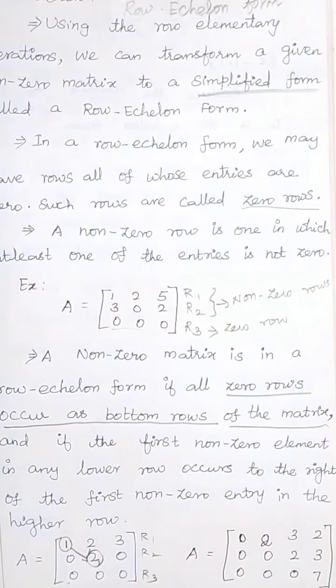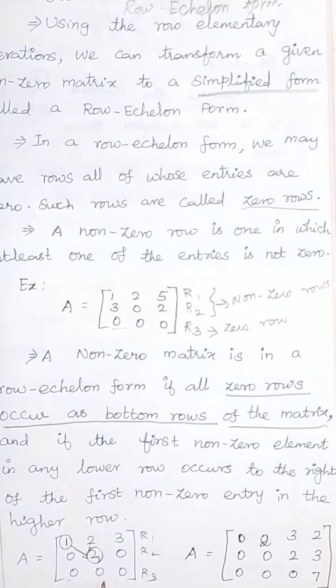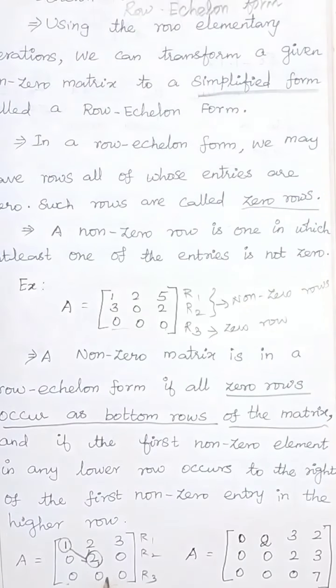First condition, you check that zero rows occur at the bottom of the matrix. Next, you check the higher rows. This row is a zero row. Next, our non-zero higher row is R2.